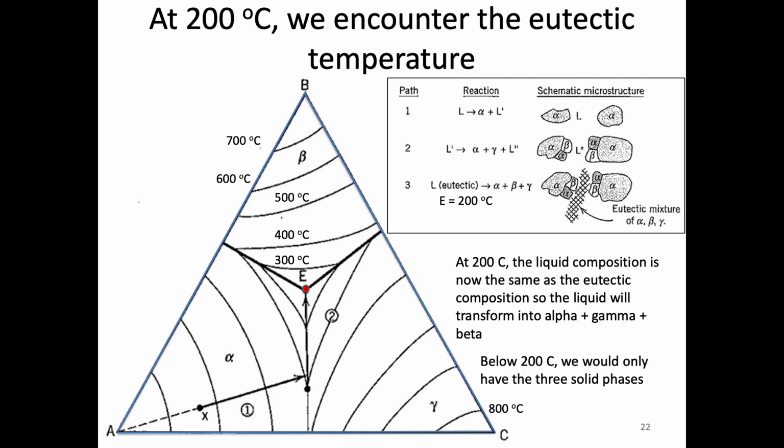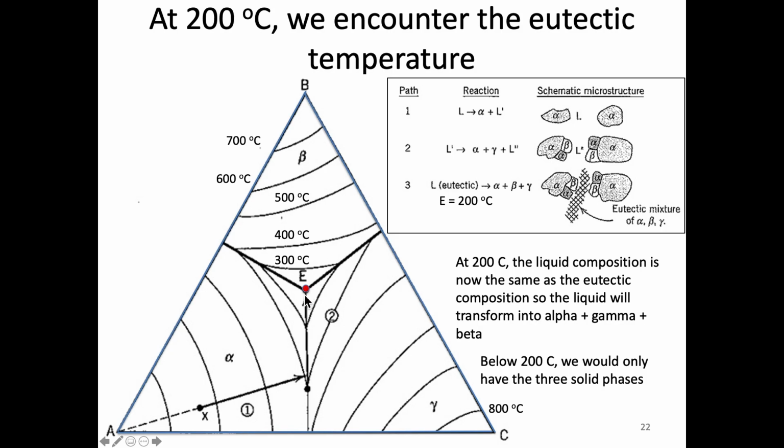All right, so the last critical point, so we've been following the boundary curve down, and you can see it flowing towards the eutectic, right? So once we reach that point, and that point is 200 degrees here, it follows the eutectic reaction. And so that's going to be the liquid.